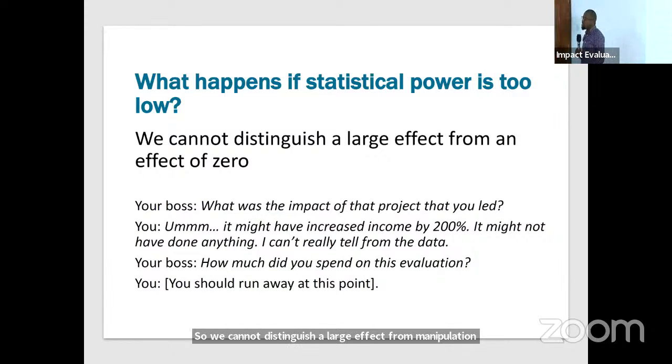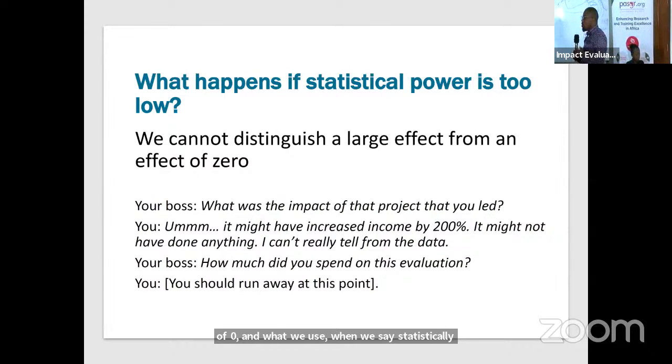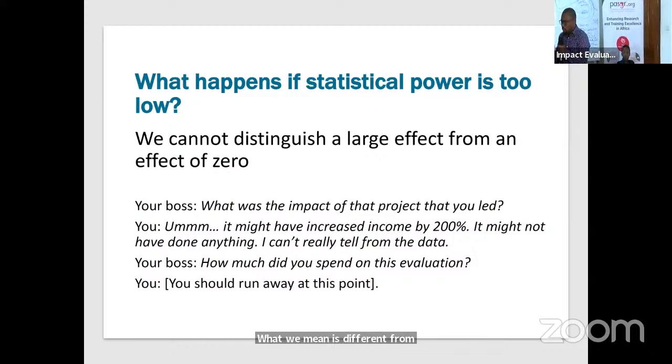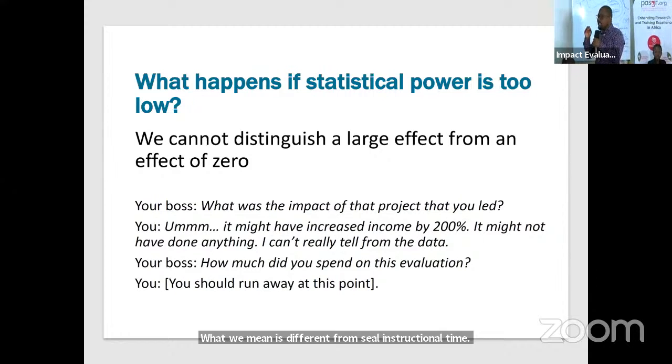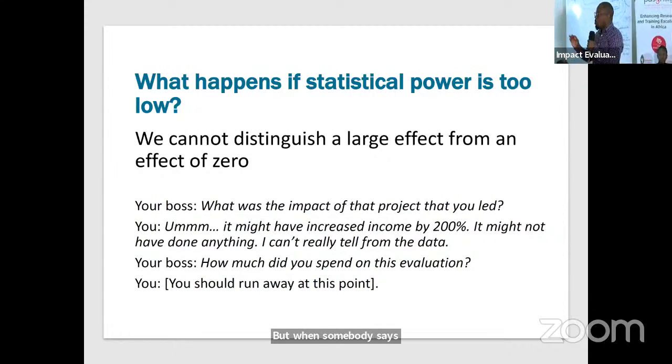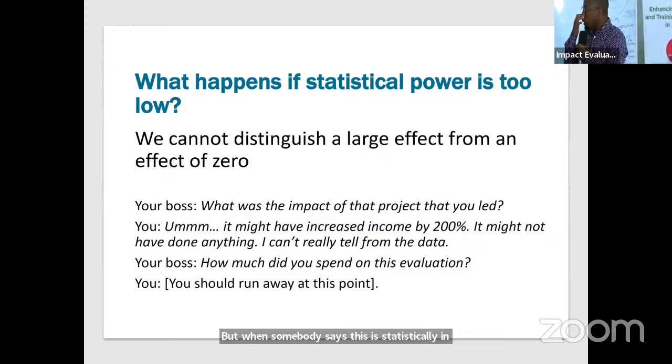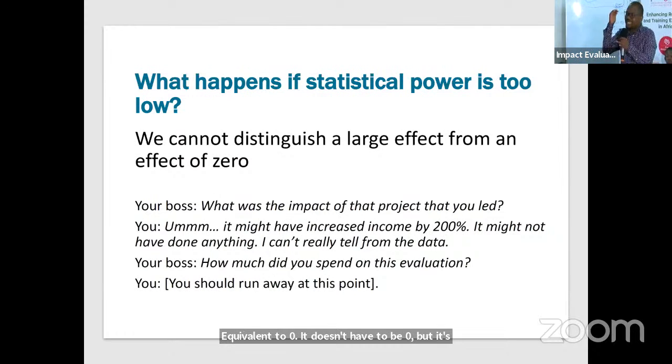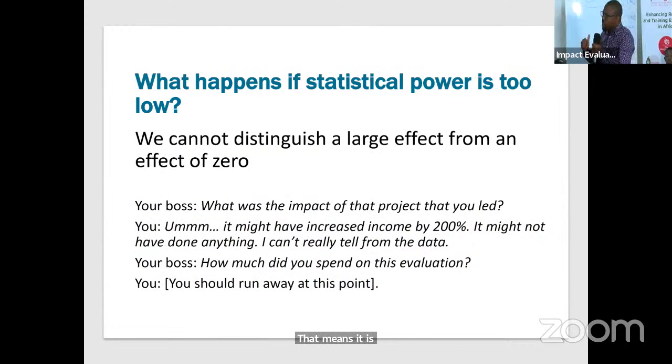When we say statistically significant in statistics, what we mean is different from zero in statistical terms. But when somebody says this is statistically insignificant, what it means is whatever you are estimating is not different from zero. It's equivalent to zero. It doesn't have to be zero, but it's equivalent to zero. That means it is statistically insignificant. But if it is statistically significant, that means it's way far away from zero.